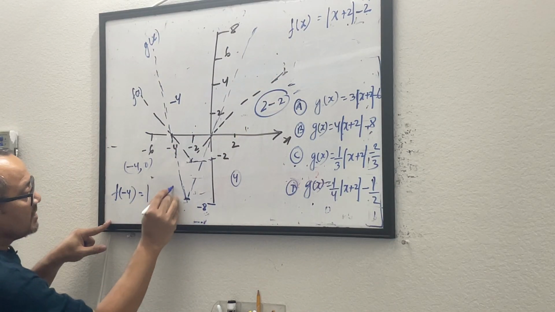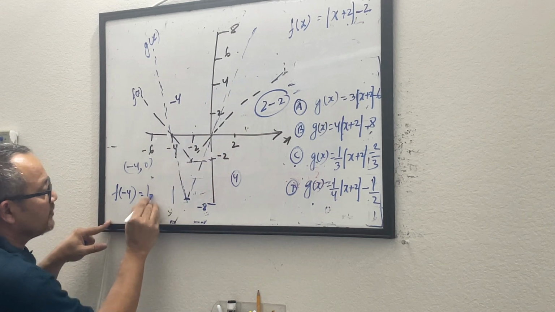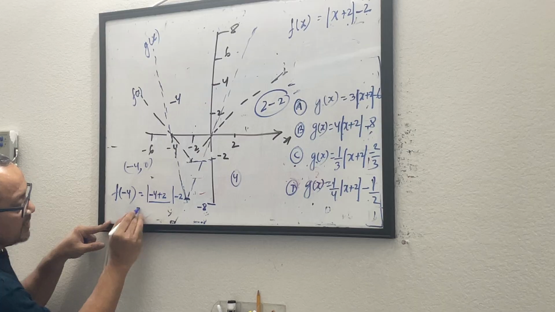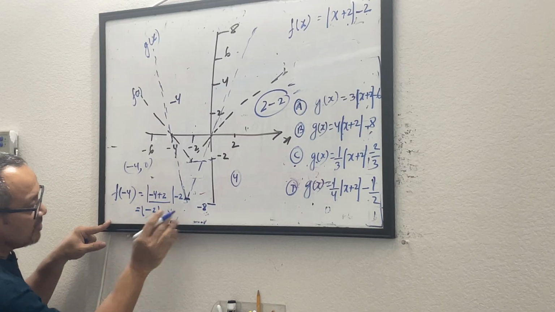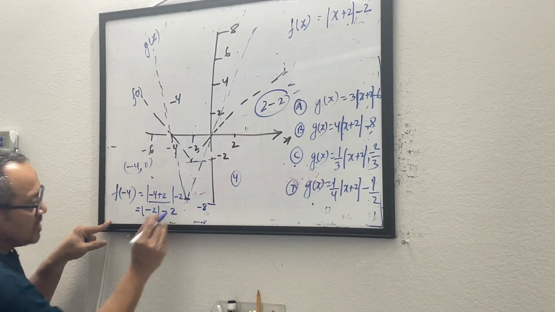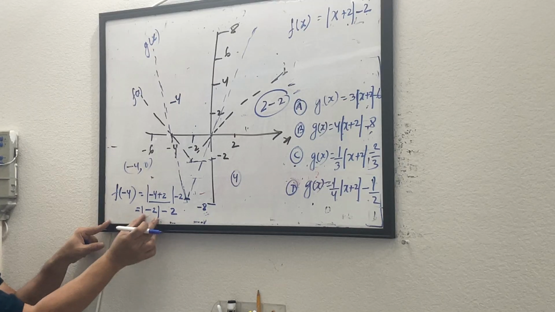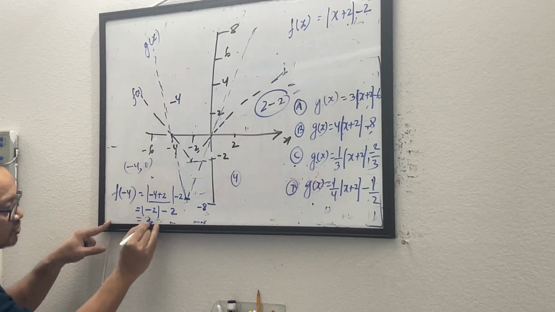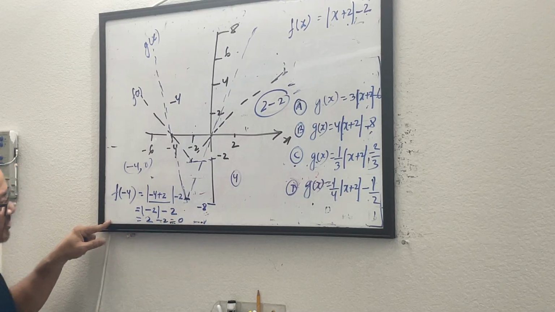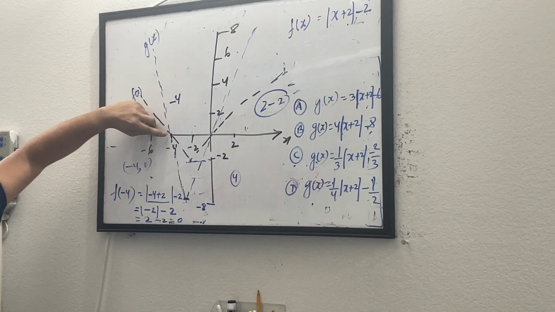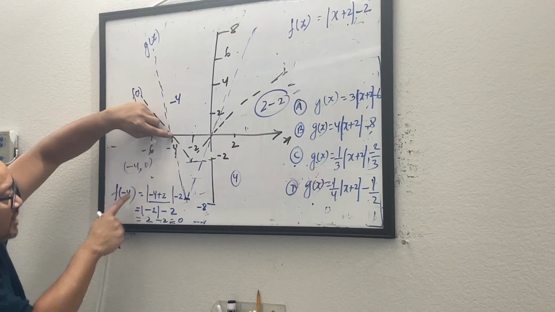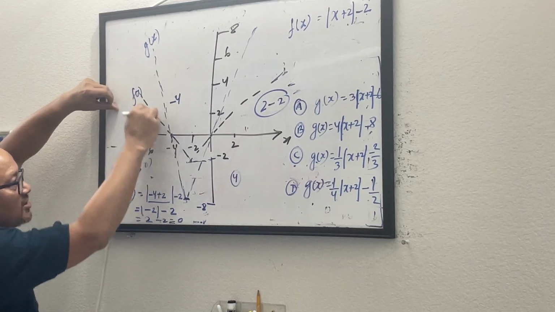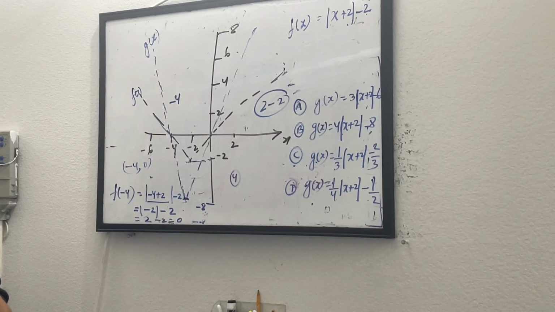It will be minus 4 plus 2 minus 2. Minus 4 plus 2 gives you minus 2 inside the mod. Mod of any number, be it a minus 2 or plus 2, it just gives you the absolute value. So this will become 2 minus 2. That is 0. That's why for x equal to minus 4, your f of x is 0. That's why this black line is crossing this one. Correct? Yeah?